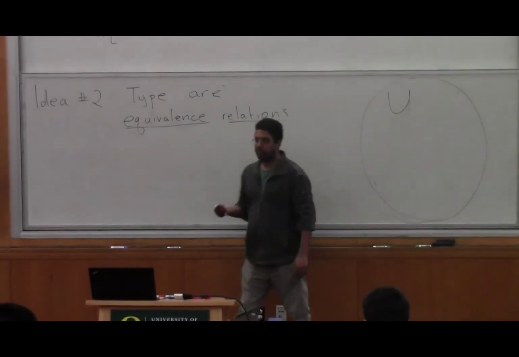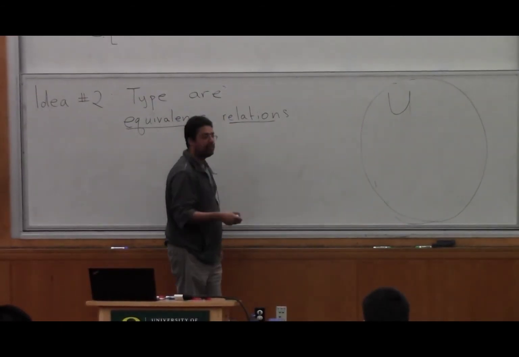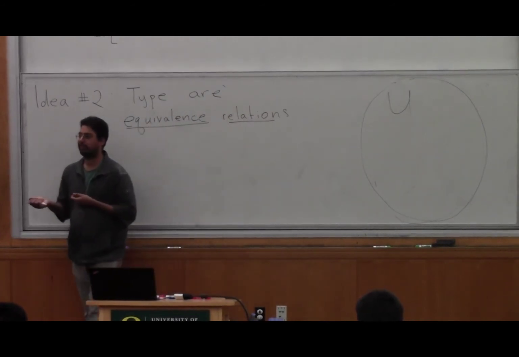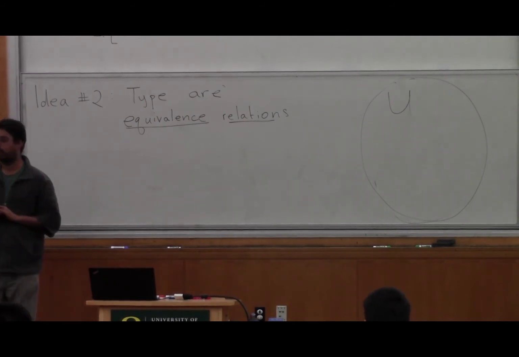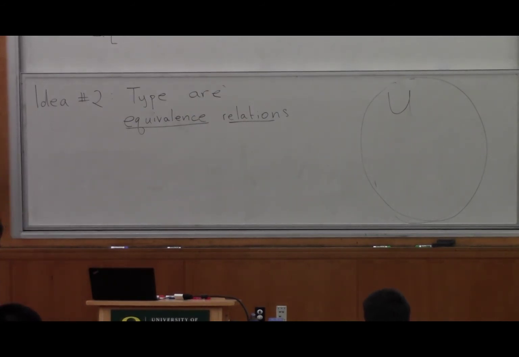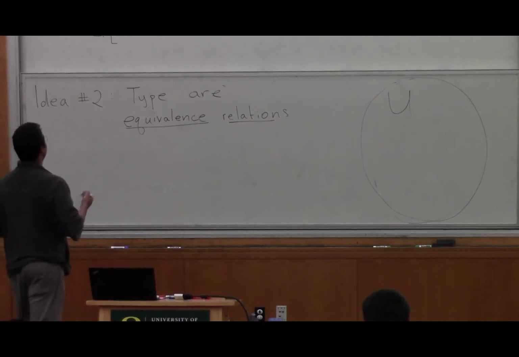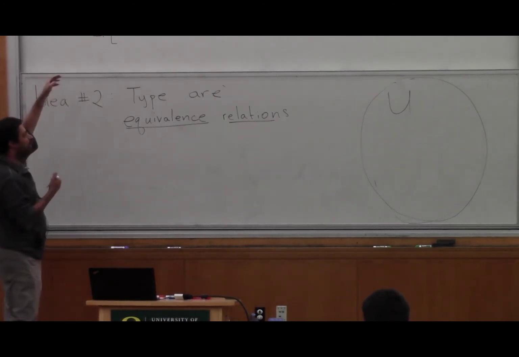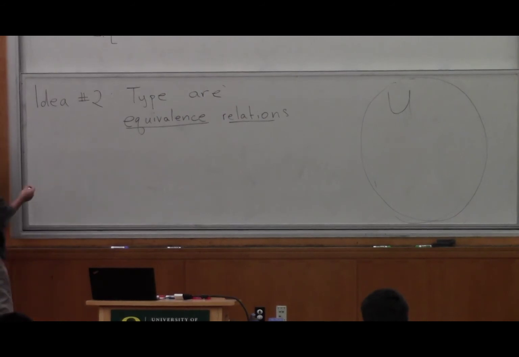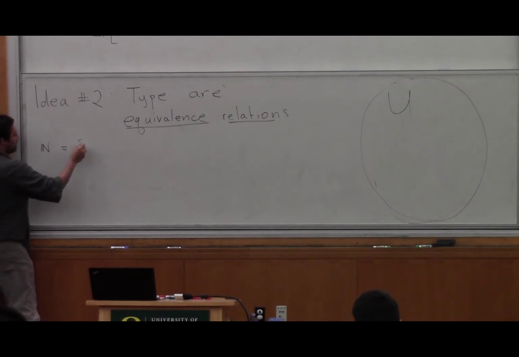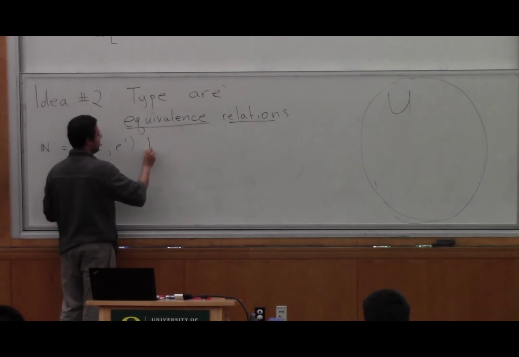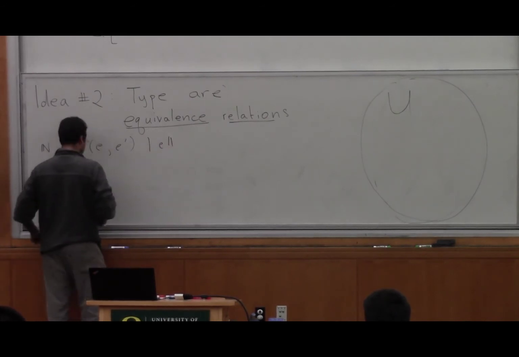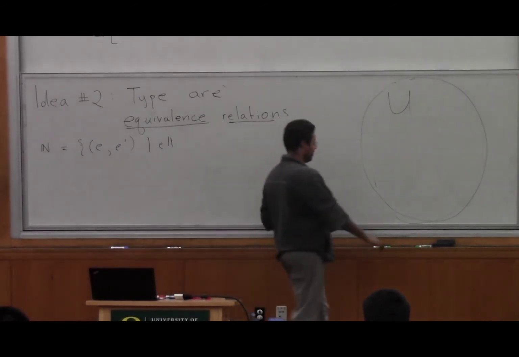For each type, let's define an equivalence relation for that type, and we'll use that equivalence relation to decide when two elements are equal or not equal. So what we could do is set things up so that at the type nat, we define it as pairs of expressions where they both evaluate to the same number.